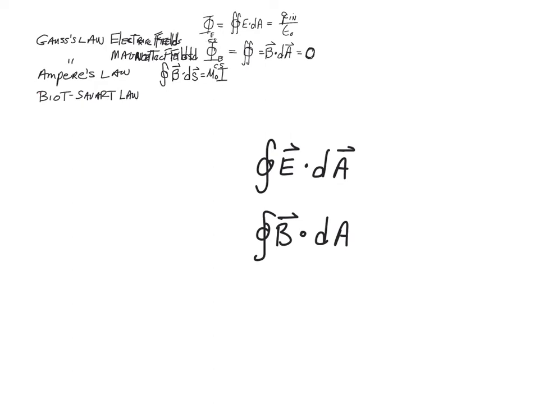Notice on the top we have Gauss's law for electric fields, and that is Q inside over epsilon naught. We know that. So there's one equation that has E dot dA equals mu naught I. No, that goes with Ampere's law. So if we put these two together, it's wrong.